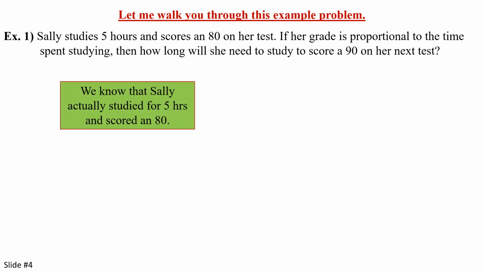We know that Sally actually studied for 5 hours and scored an 80. That's my event 1 because they go together. 5 hours studying, got an 80 score.